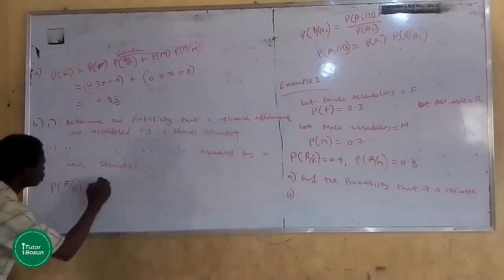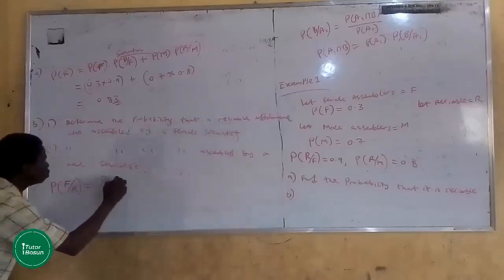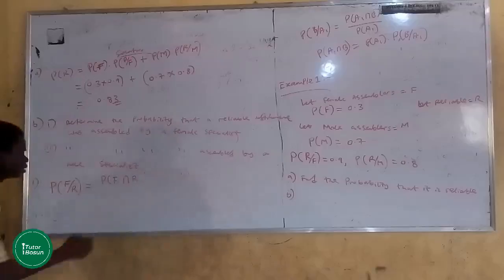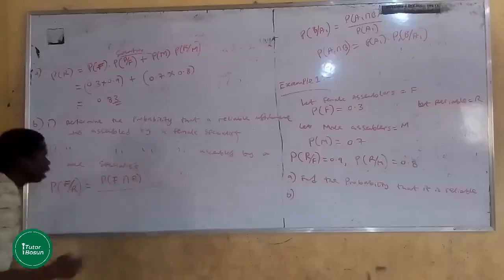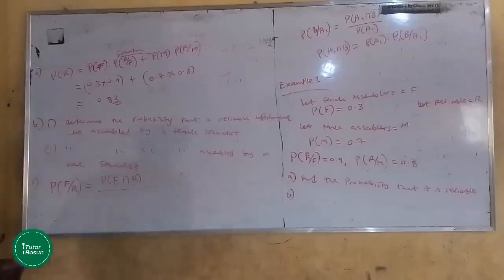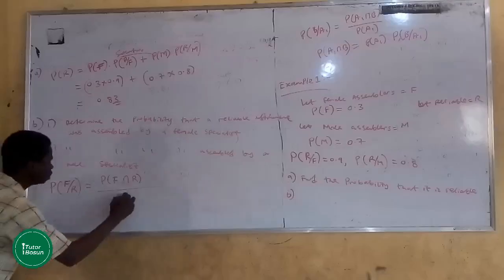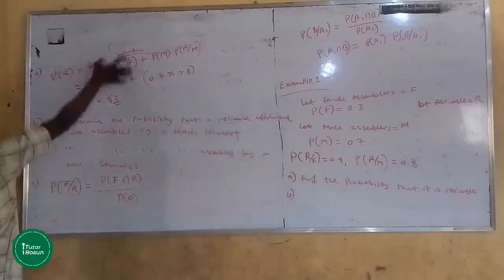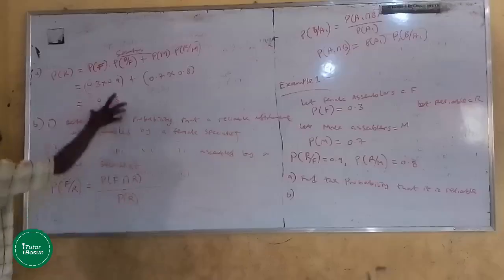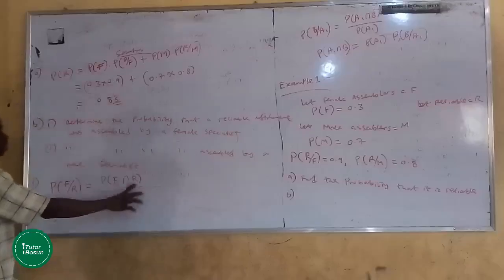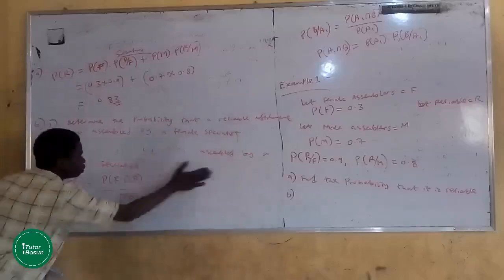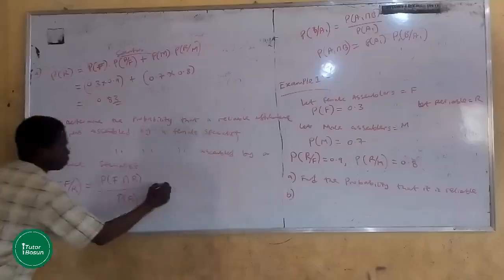That's the probability of female intersection R over the total probability, P of R. We would have written everything here in the numerator, but since we have already determined P of R, we don't need to be writing this because it's going to waste our time.